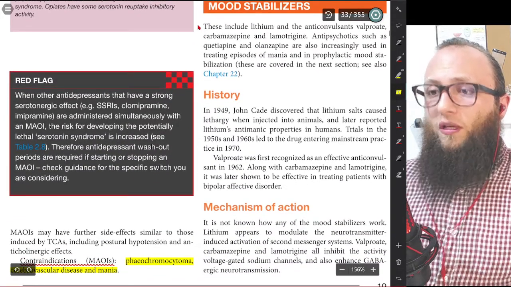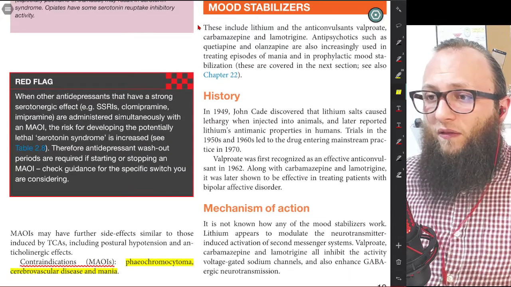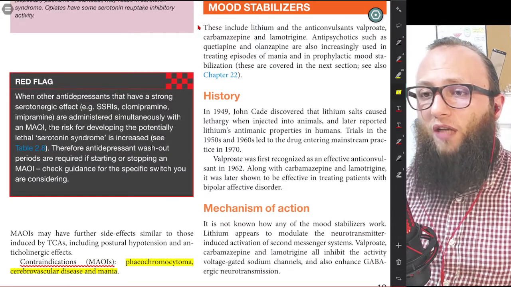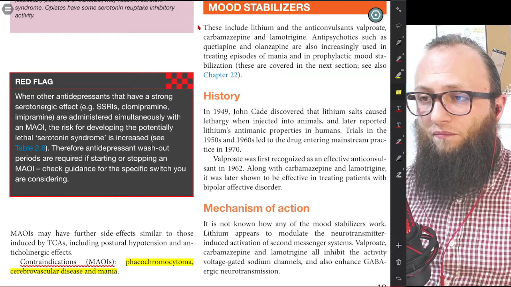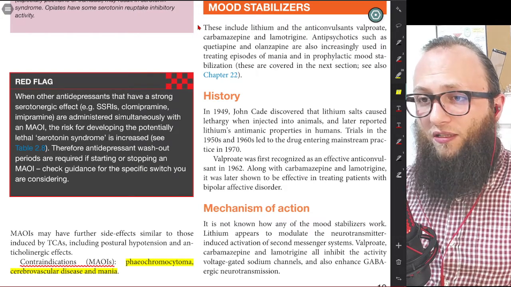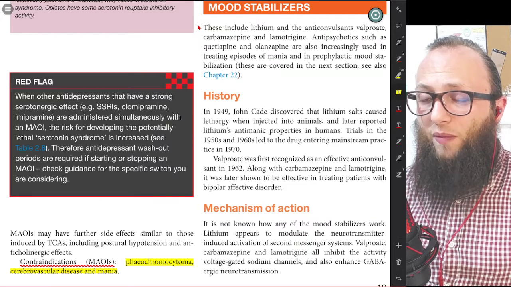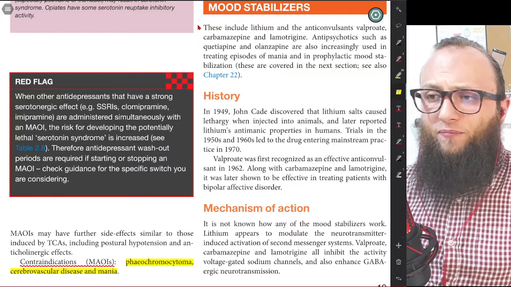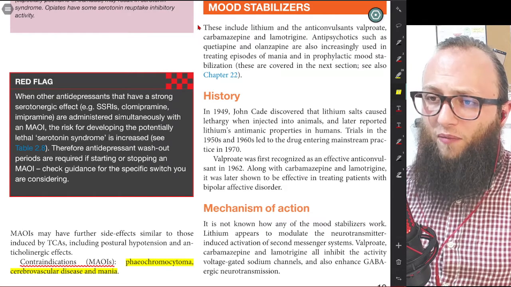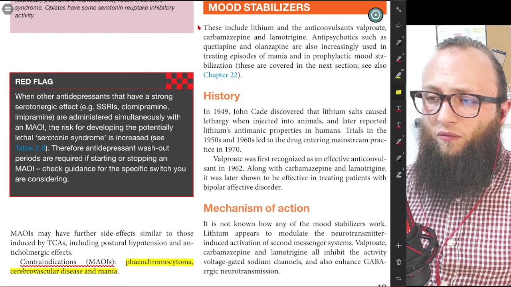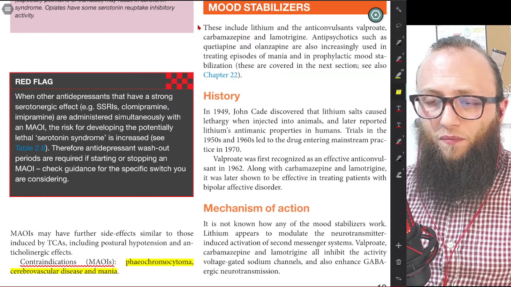These include lithium and the anticonvulsants valproate, carbamazepine, and lamotrigine. Antipsychotics such as quetiapine and olanzapine are also increasingly used in treating episodes of mania and in prophylactic mood stabilization. We will talk about them in chapter 22.